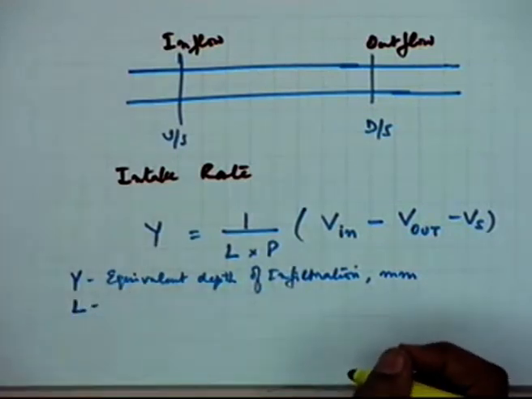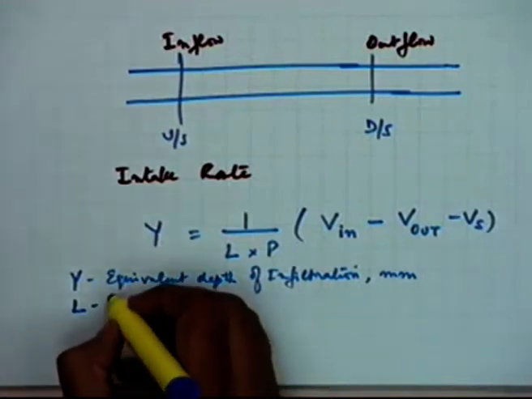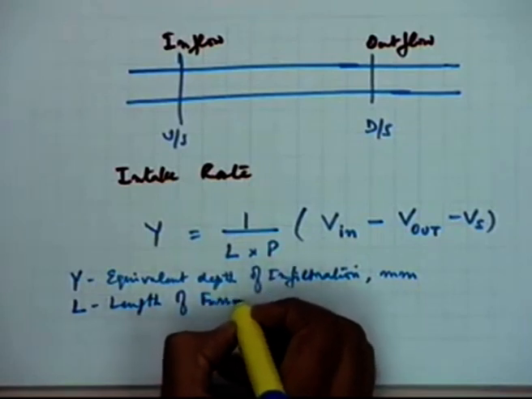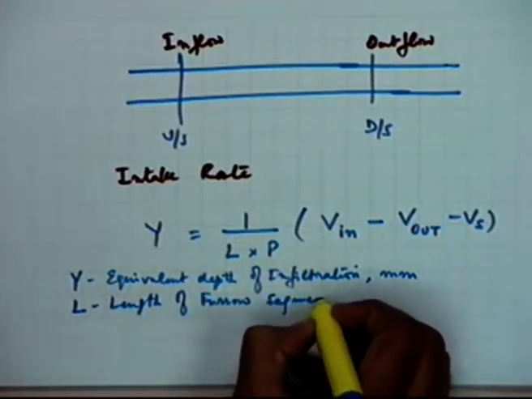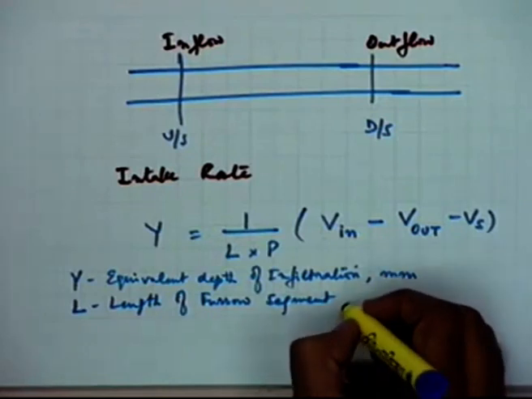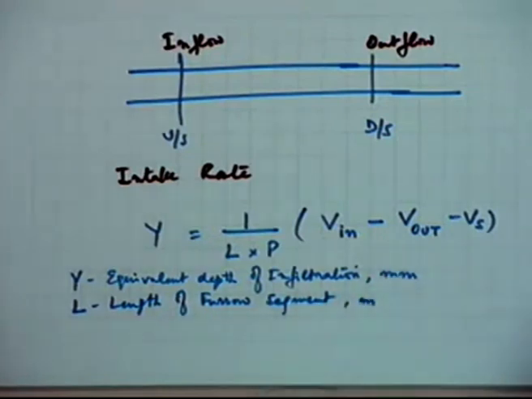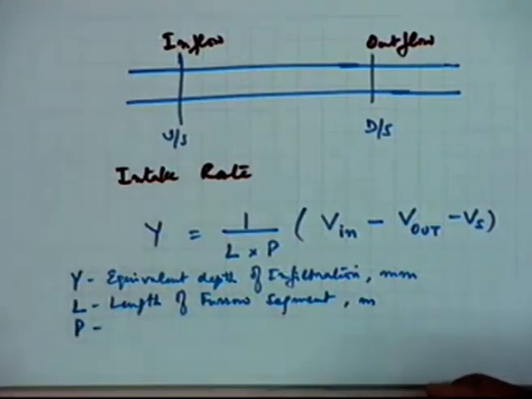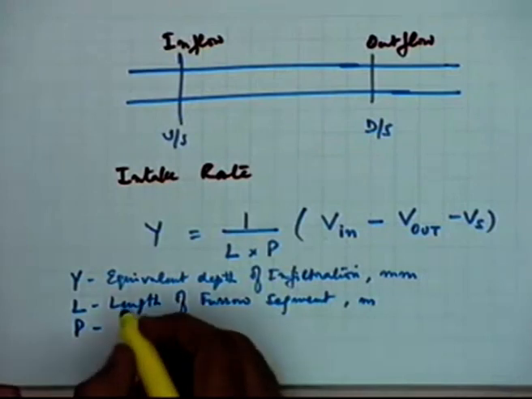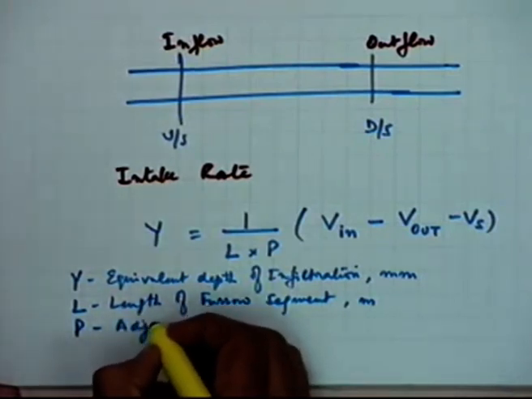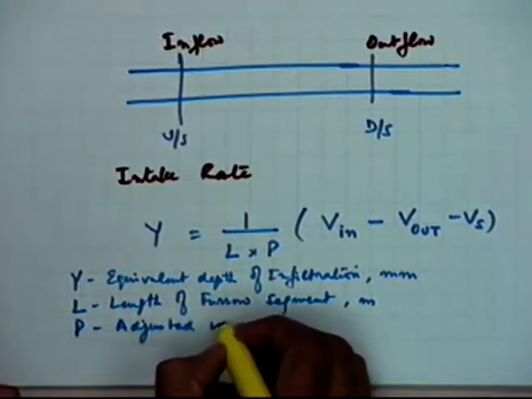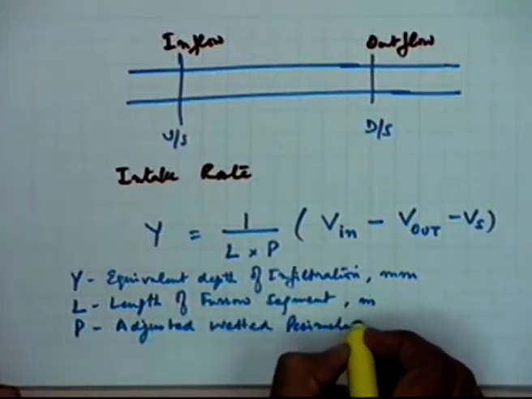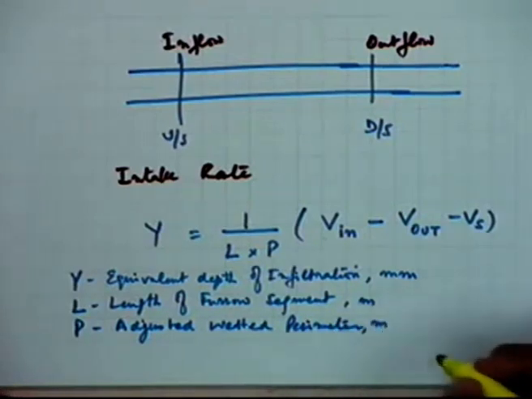L is the length of the furrow segment considered, in meters. P is the adjusted wetted perimeter, again in meters.